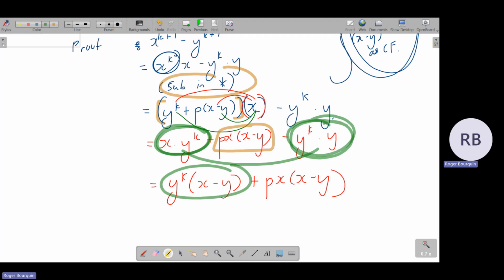What you're trying to do is take out x minus y as a common factor. So now, are you happy with that going from there to there? So now there's two terms, and so now what's the common factor? Okay, that is what I wanted. And we have just y to the k.